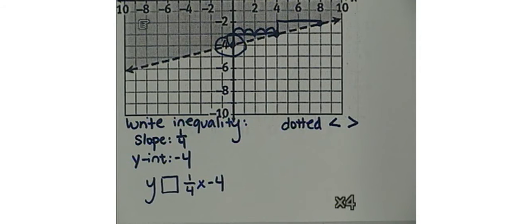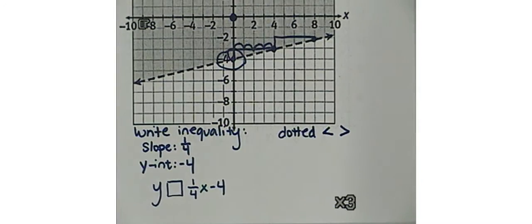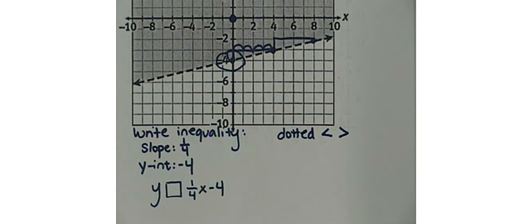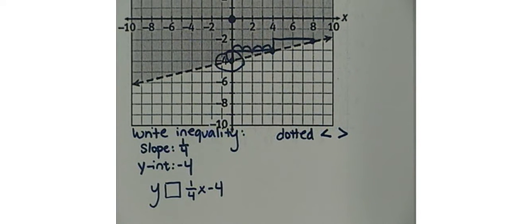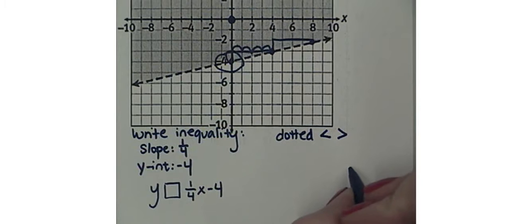And then, are we shading towards 0, 0 or away from 0, 0? We're shading towards 0, 0. So that means that 0, 0 is a solution. It's an answer, so we get a true statement.